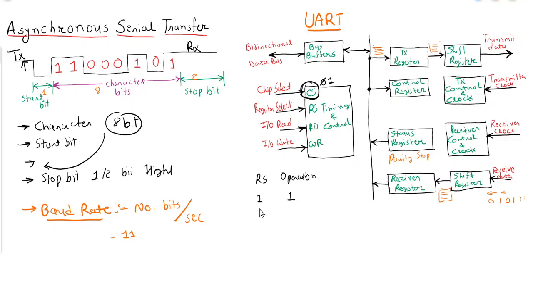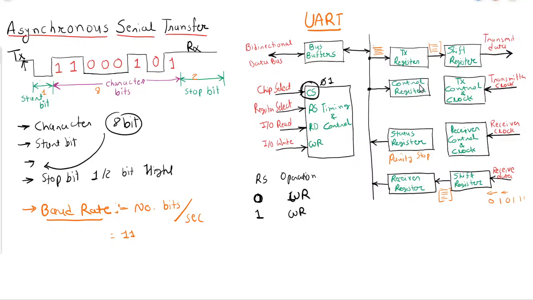Sorry, this is for RS. So register select 0 and write operation, then register select 1 and write operation. In that case the control register will be selected.